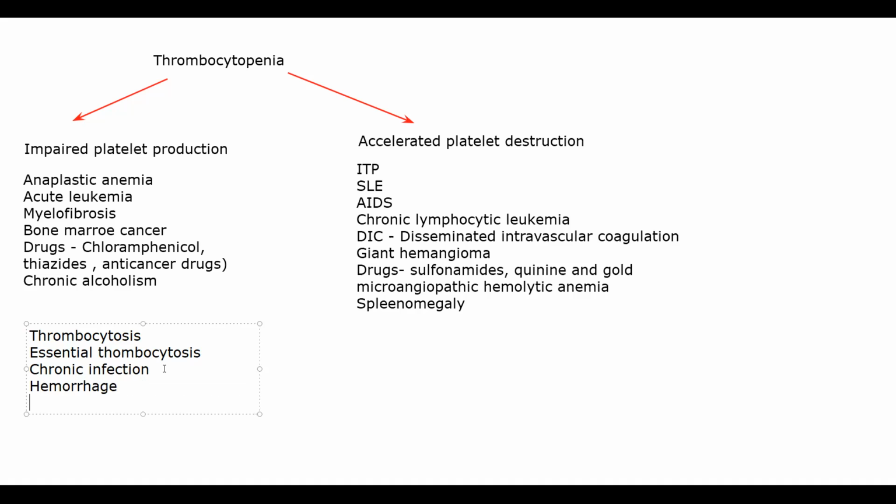Generally, as a compensatory mechanism, your body will start producing more platelets. It can be the post-operative state, or if there is cancer, platelet production will occur, or after splenectomy. These are all the conditions in which thrombocytosis will occur. Thrombocytosis is an increase in the number of platelets in the blood.